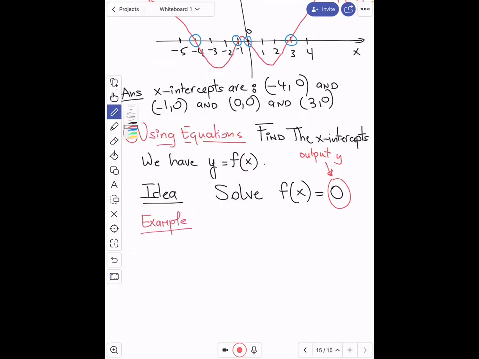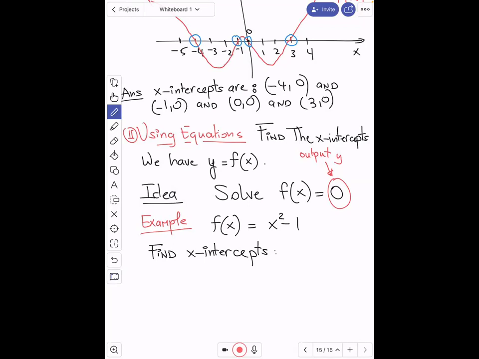let's say my f of x is equal to x squared minus 1, right? That's my function f, and I want to find the x-intercept. So then, as I said, guys, there's only one step here. It's, I guess, a big major step.